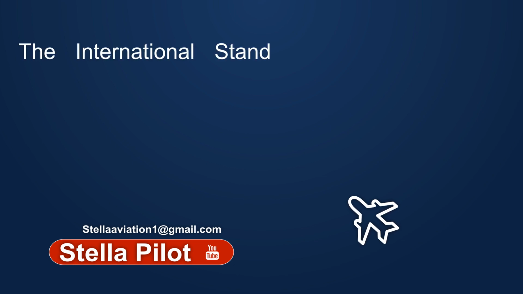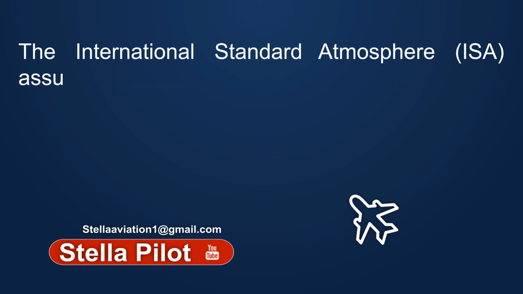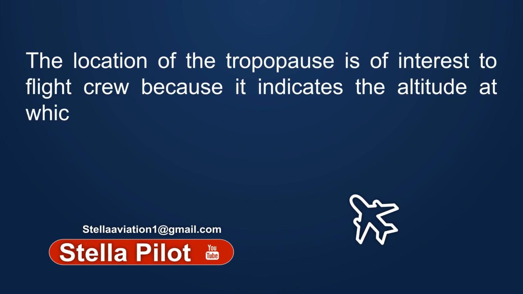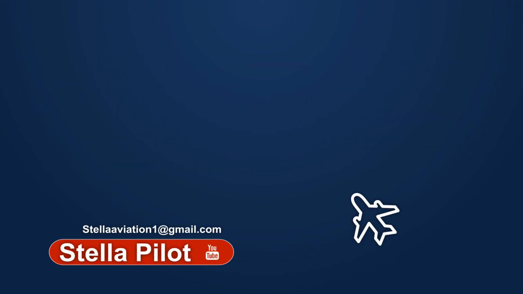The International Standard Atmosphere ISA assumes that the average height of the tropopause is 36,000 feet. The location of the tropopause is of interest to flight crew because it indicates the altitude at which temperature becomes constant with increasing altitude, which is an important factor in performance and fuel calculations.